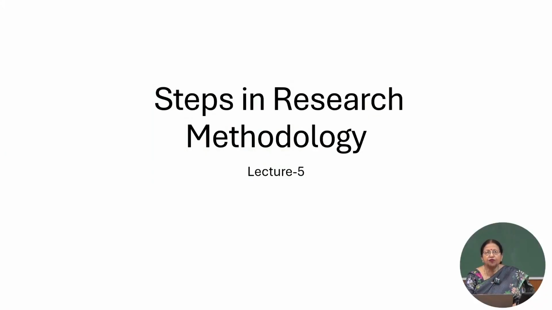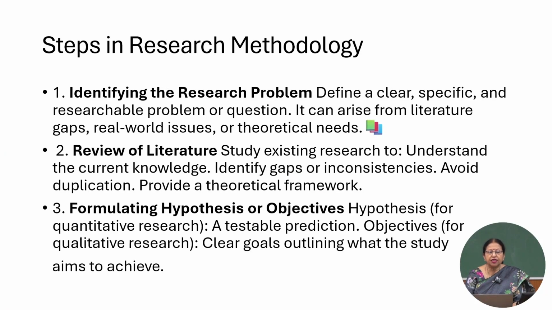Steps in Research Methodology. This is lecture number 5. Now we will go ahead and see what are the steps that need to be followed while doing research. First is, as we learned in the last few lectures, to identify the research problem. Define a clear, specific and researchable problem or question.